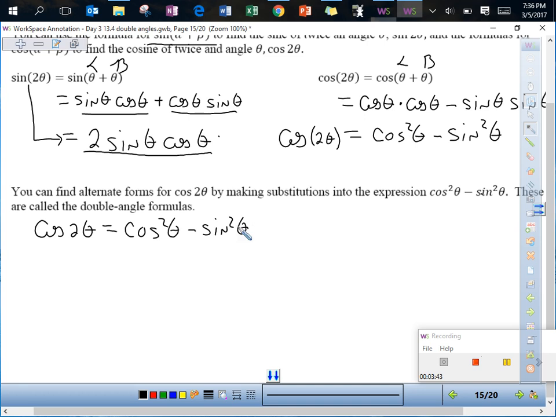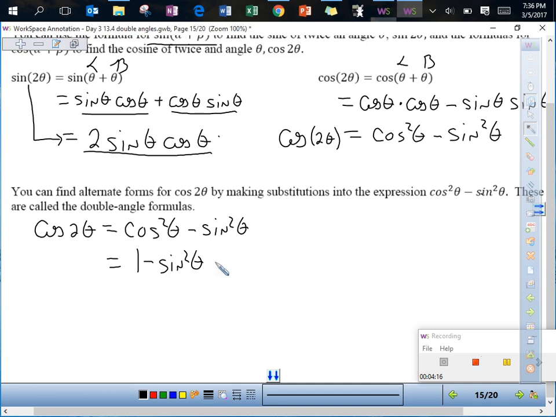If you flip your note card back over on the back side of it, we simplified that. So I'm going to give you another name for cosine squared. If you look at sine squared plus cosine squared equal 1, another name for cosine squared would be 1 minus sine squared. So I just did a little substitution there.